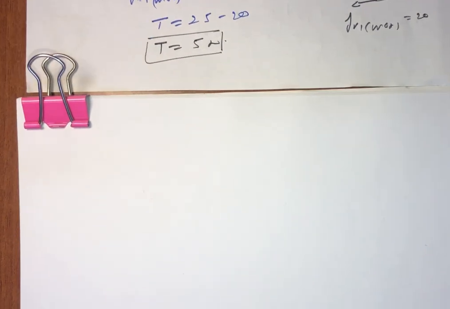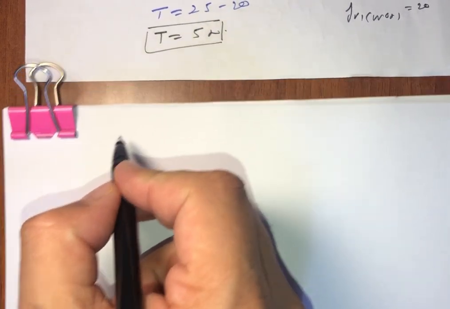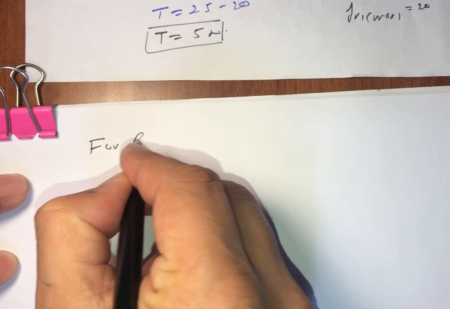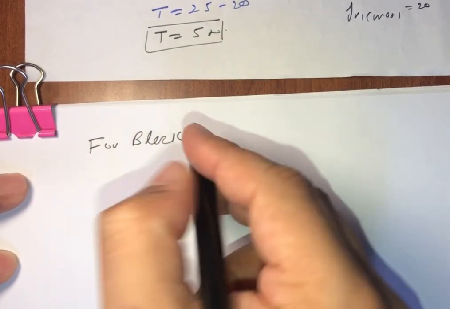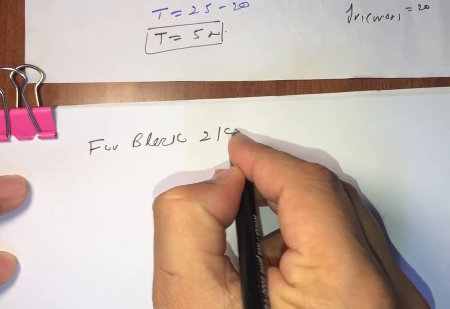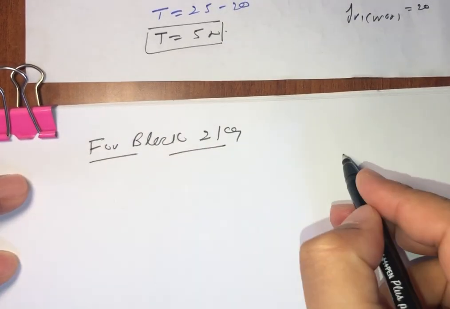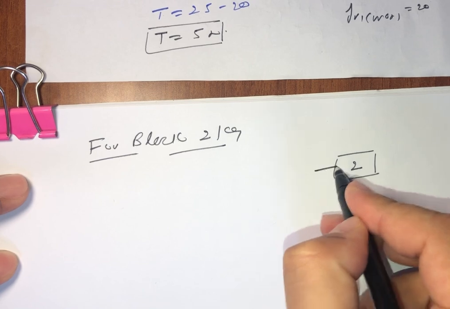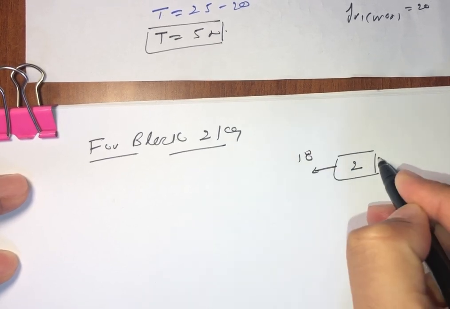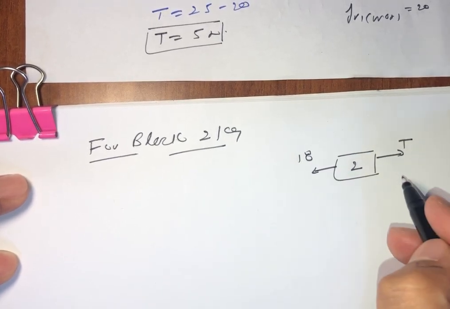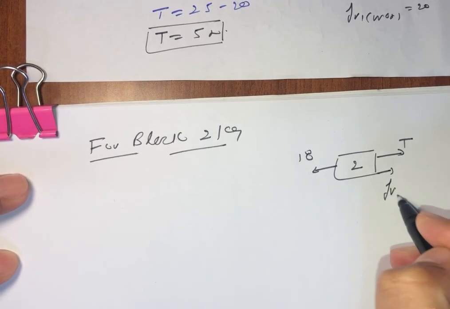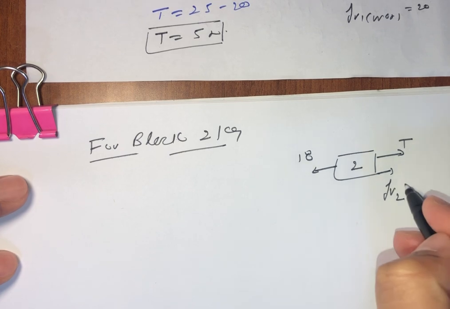Okay. So for block of 2 kg, this is our 2 kg block. We are applying a force of 18 Newton, and there is a tension T, and we have, let us suppose here FR2, and we are going to find out its value.